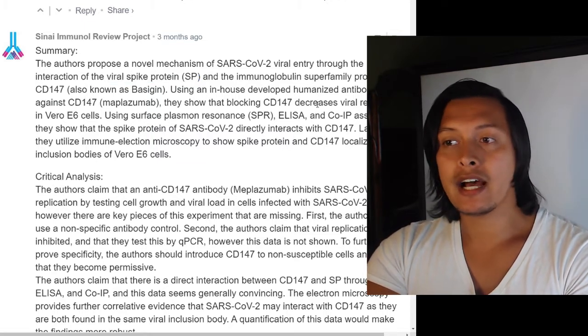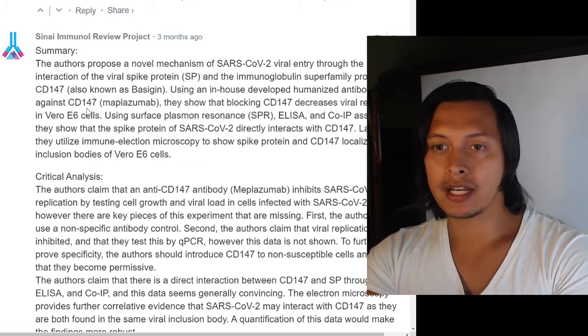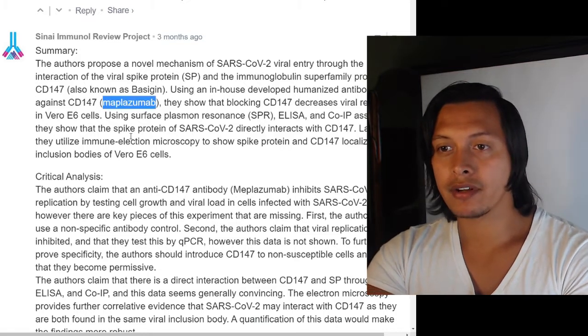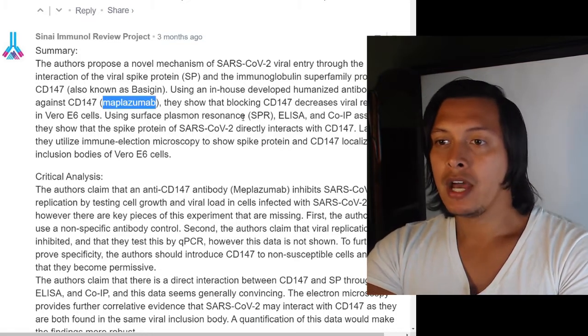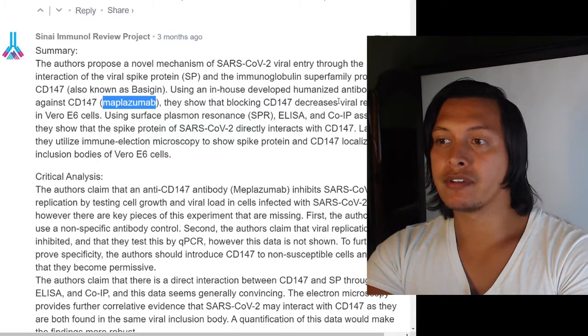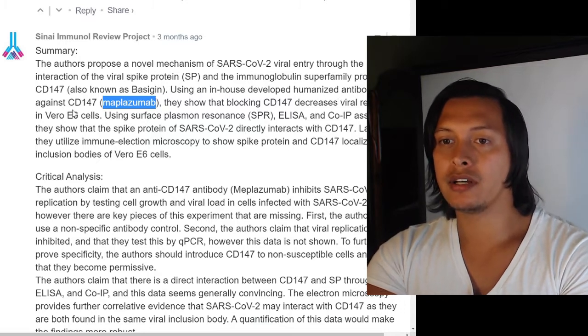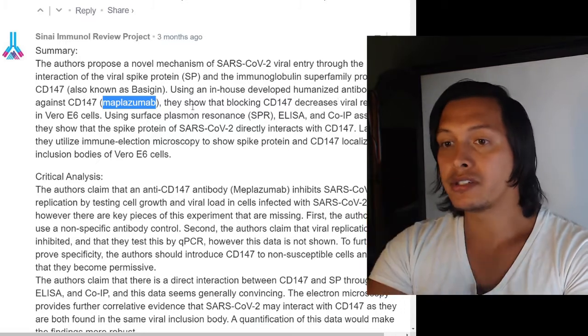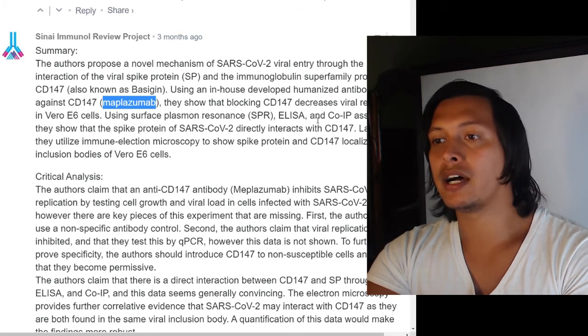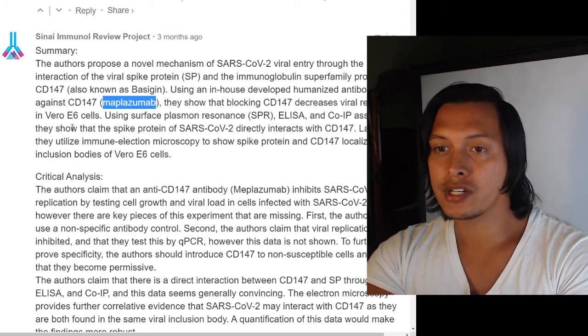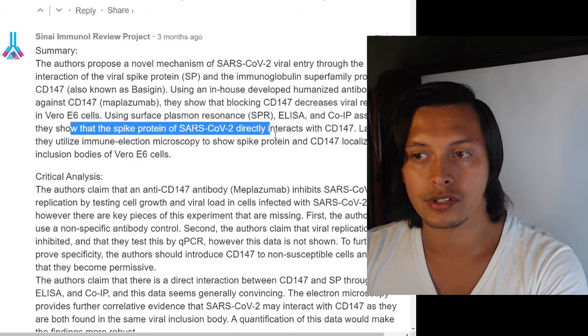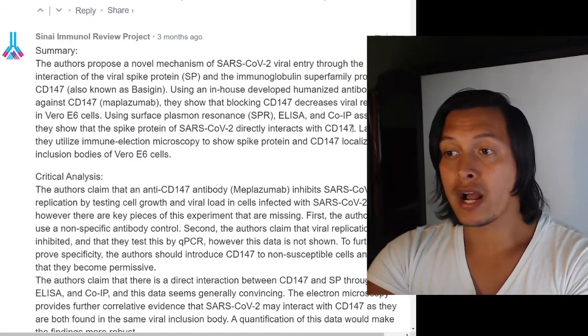Using an in-house developed humanized antibody against CD147, also known as meplazumab, they showed that blocking CD147 decreases viral replication in Vero E6 cells.